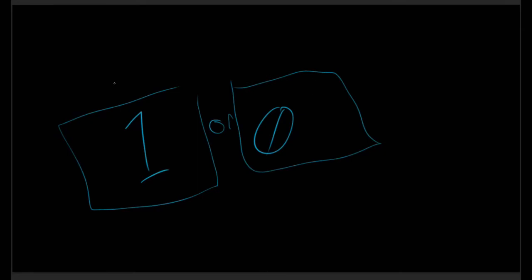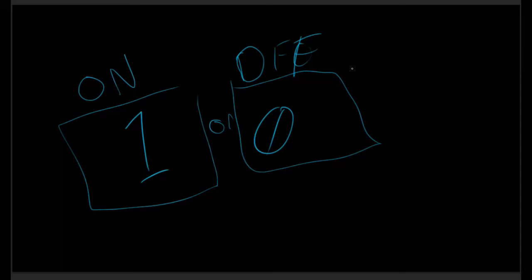So what we can do sometimes is string things together. The reason it's a 1 or a 0 is because 1 means on and 0 means off. So that's all a computer understands. It's memory, it's hard drive.